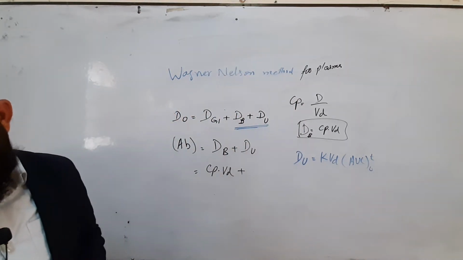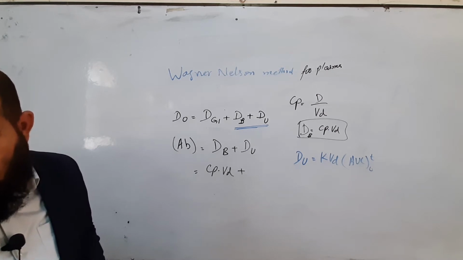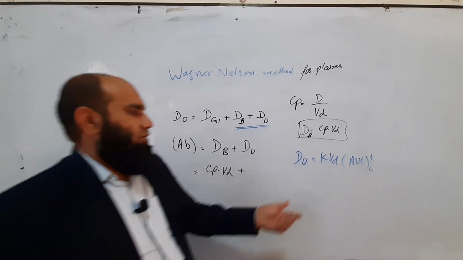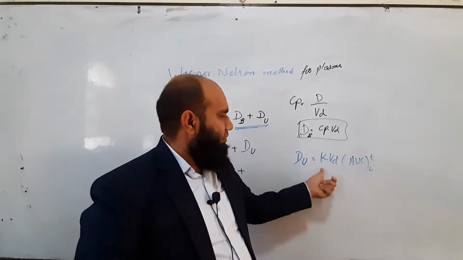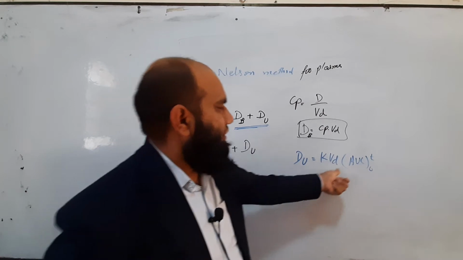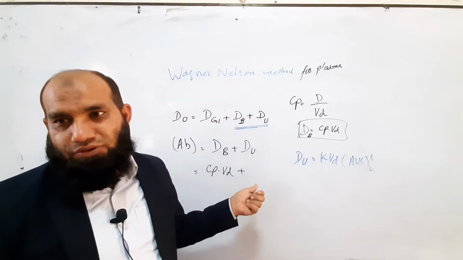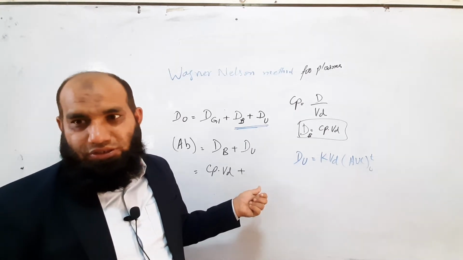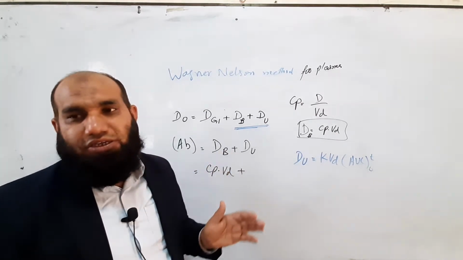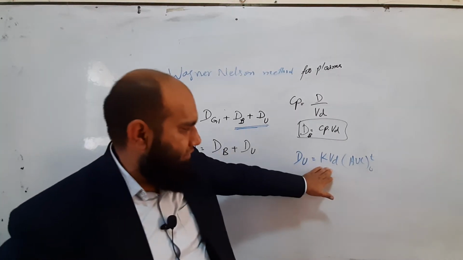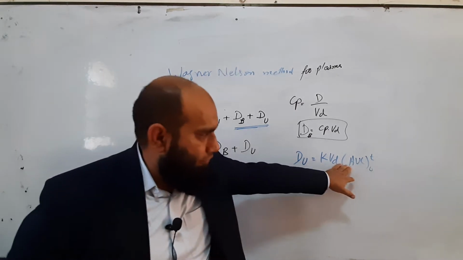AUC 0 to t relates to the drug present in the urine. From this we can also calculate K V_d, which is actually clearance. Clearance multiplied by the AUC is equal to dose. Remember, dose over clearance was equal to the AUC.